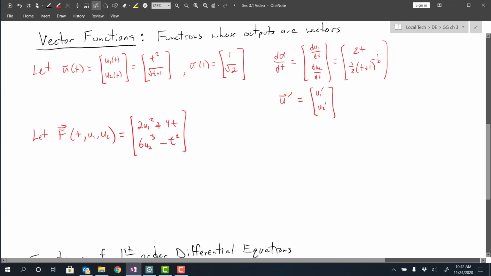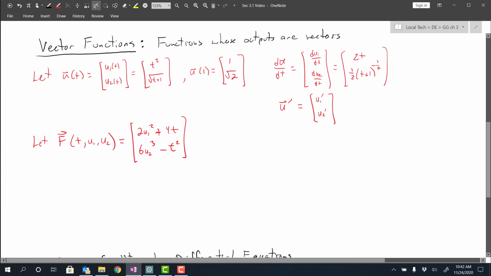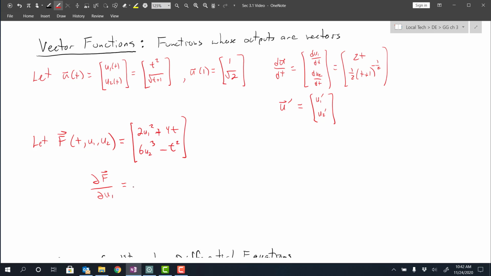And certainly I could evaluate this at input values as well, and I could also take the derivatives, but now I'd have to be a little more careful, because if I take the derivative, we need to know with respect to what variable. So I might look at the partial of f with respect to u1, for example, in which case I'd have to treat all the other variables like they were constant.